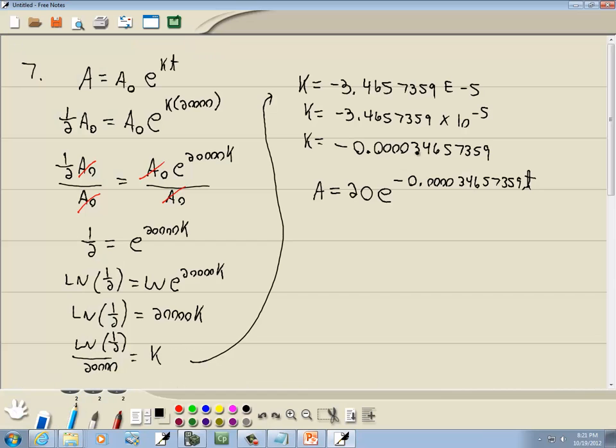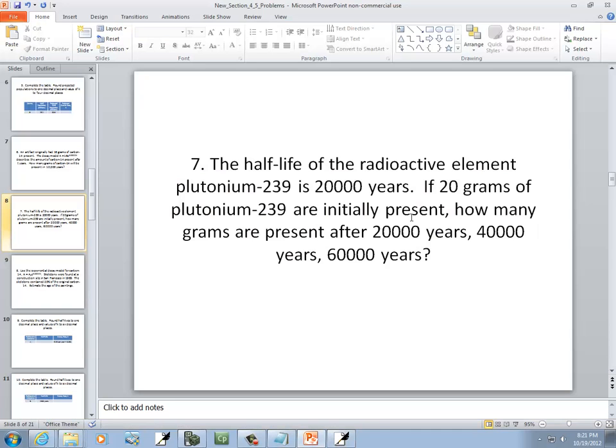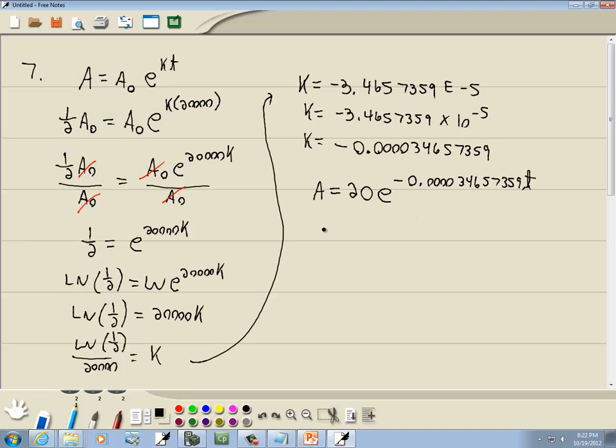We just found K from the example they give us. And it asks how many grams are present after 20,000 years.